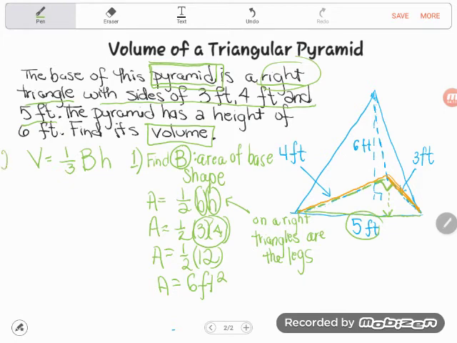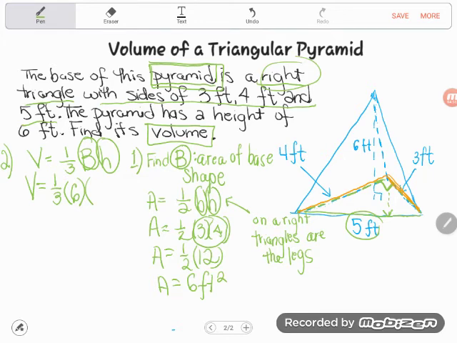Step 2 is, after I found the area of the base shape, to use that to find the volume of the pyramid. So let's plug into the volume of the pyramid formula. The volume is equal to 1/3 times the area of the base shape. Well, we just figured that out. That was 6 square feet. Times the height. Now careful, that's one of the tricky things about this formula. Now I'm not talking about the height of a triangle, I'm talking about the height of the pyramid, because I'm finding the volume of the pyramid.